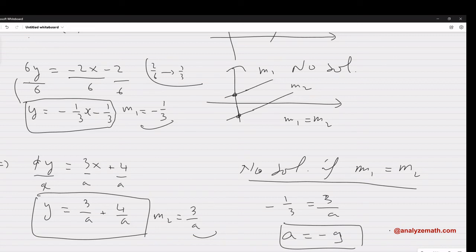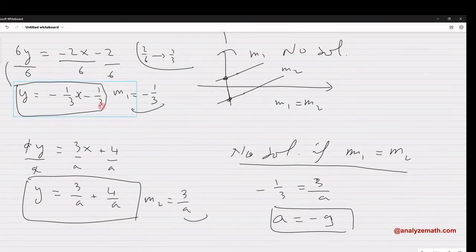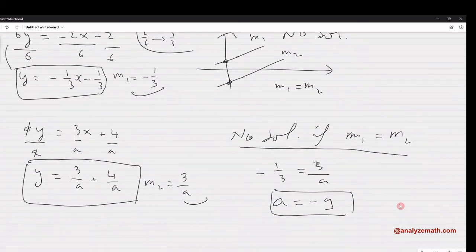Now here it's not finished, because what we need to do is to check that the y-intercepts, which are here -1/3 and here 4/a, are different when a equal to -9. So the y-intercept here is -1/3. It's a number.